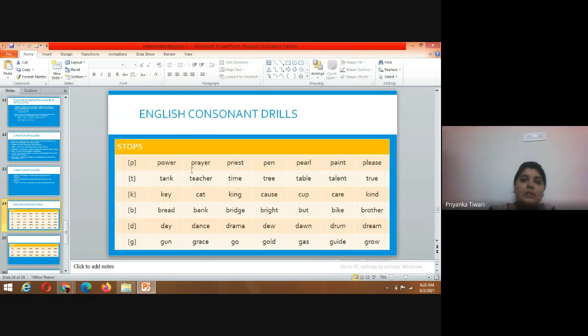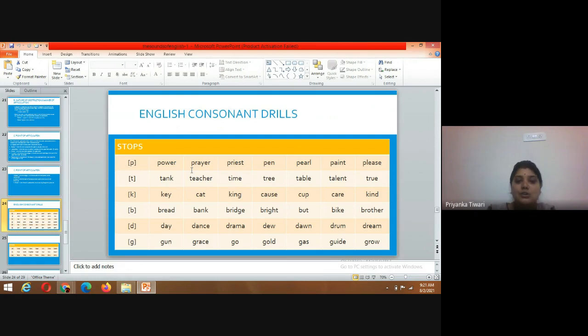Now the English consonants, the plosives. P: power, prayer, priest, pan, pearl, paint, please. T: tank, teacher, time, tree, table, talent, true.